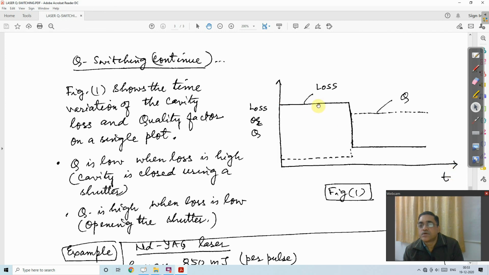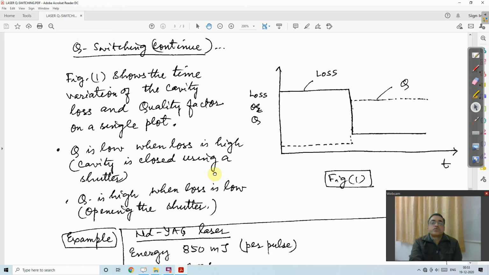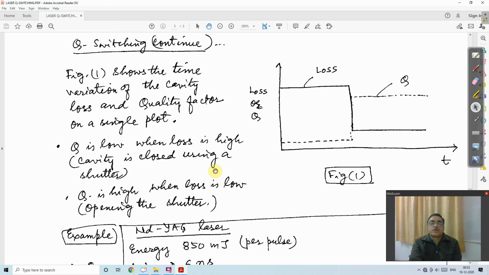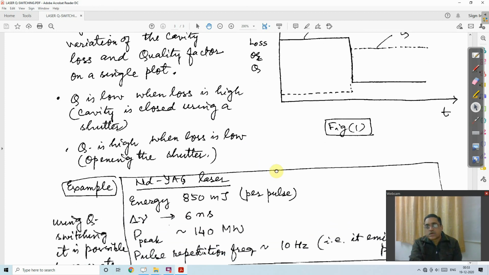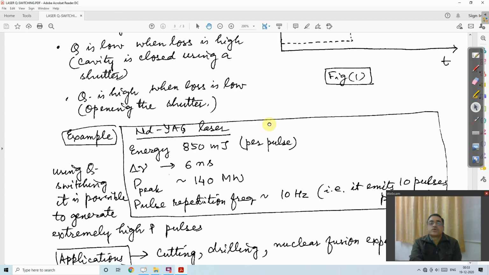When the loss is high, the quality factor is low; when the loss is low, the quality factor is high. Q is low when the cavity is closed using a shutter, and Q is high when the shutter is opened.